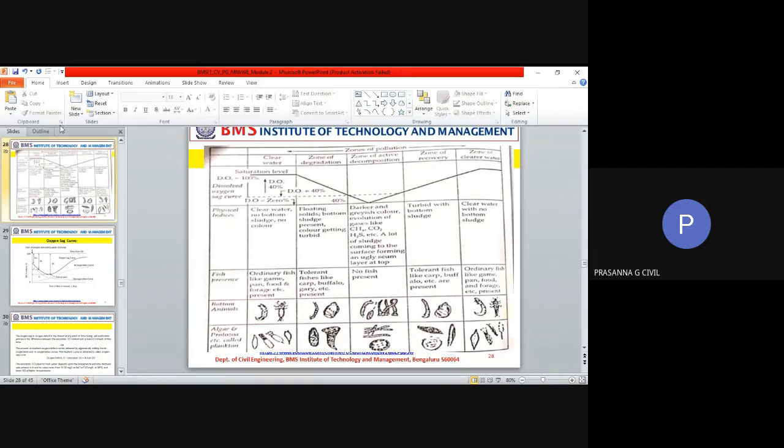Then there will be a stage where your river or stream is recovering, wherein slowly, as the degradation or the organics are completely stabilized, there will be reoccurrence of the dissolved oxygen in water.